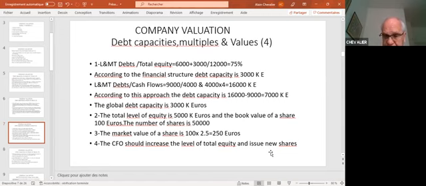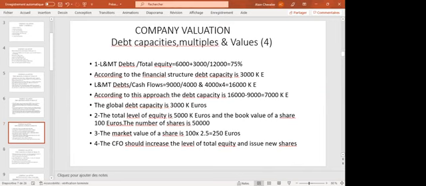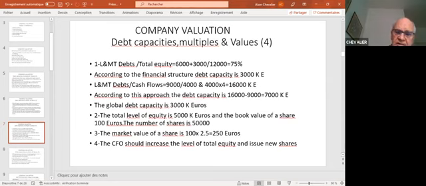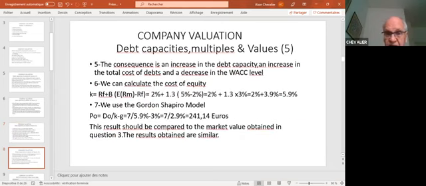We know that the debt equity ratio is 75%, question 1. We know that the debt capacity is 3,000 euros, and that means that we cannot finance 4,000 euros by debt. We have to do something before. Okay.